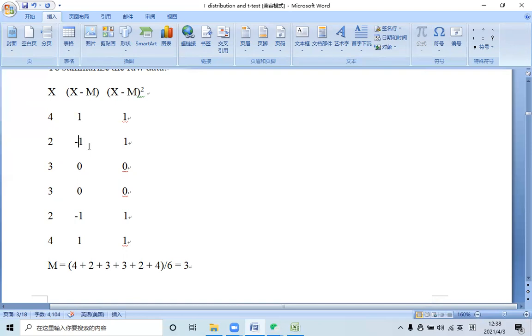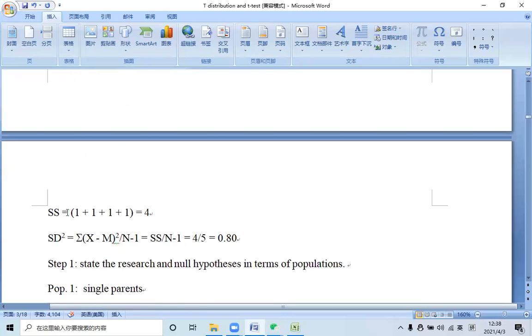Second person, 1 hour less than average. Next 2 persons spend the same time as the average of the group. And then you get the deviation for each person, and then you square the deviation. You get the sum of squared deviations by adding them together. The sum of squared deviations is 4.